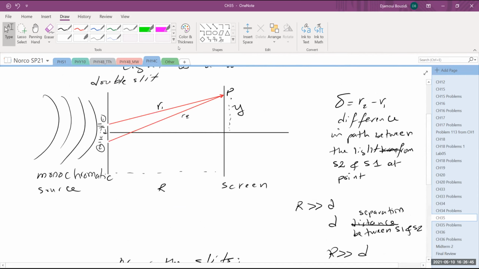I'm going to call the following angle. Let me draw it green. From this point, from the middle to here, this distance, first of all, I'm going to call it R, okay? So this is the R, if you wish.